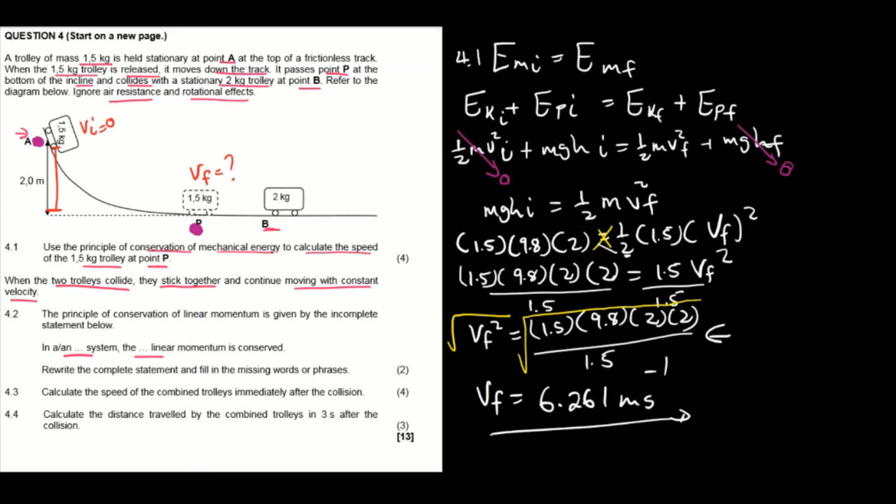In an isolated system, the total linear momentum is conserved. 4.3 says that you must calculate the speed of the combined trolleys immediately after collision.